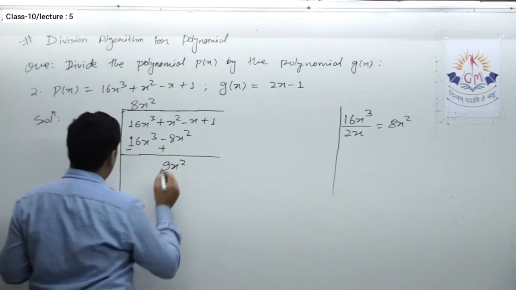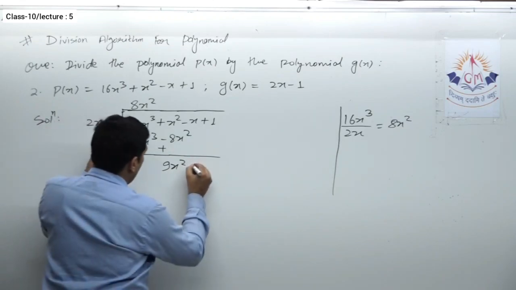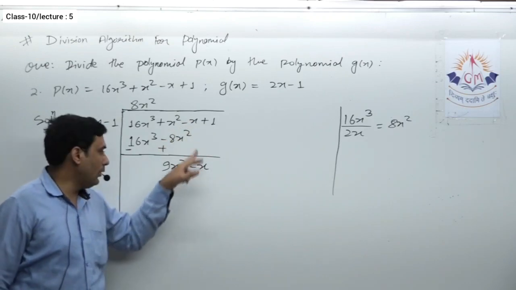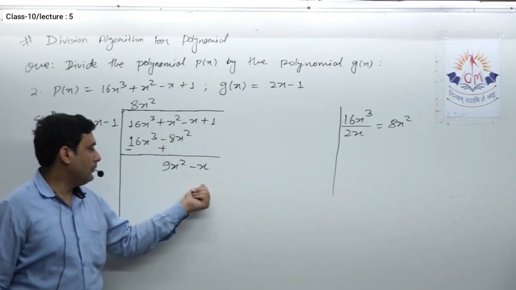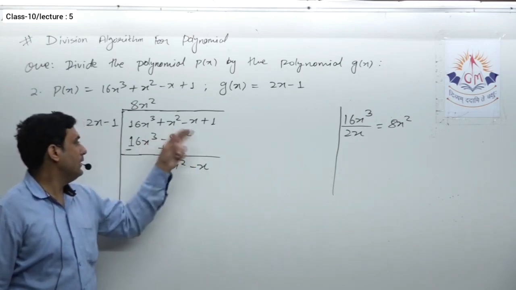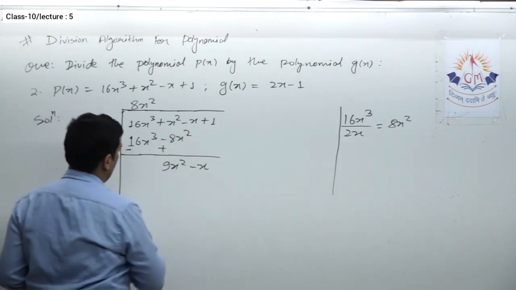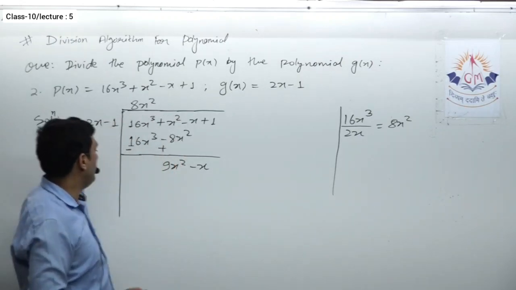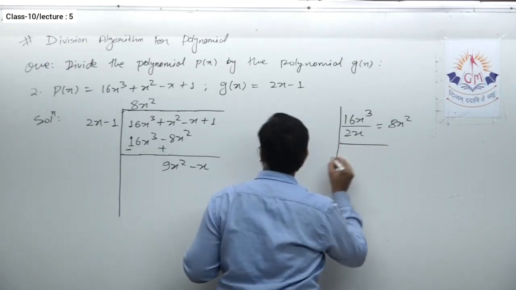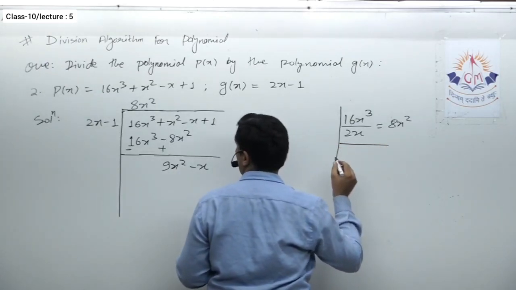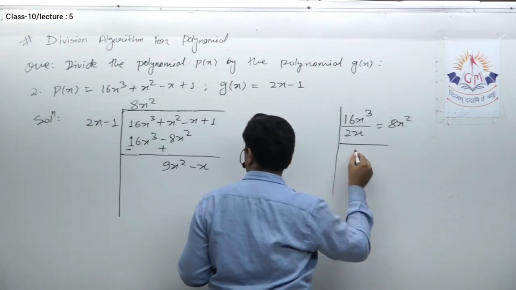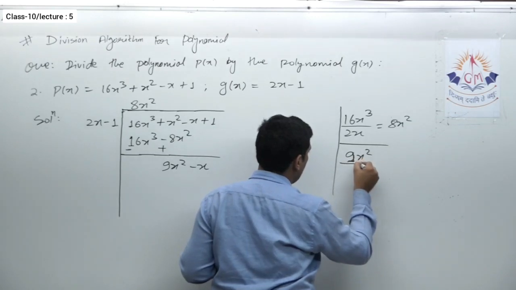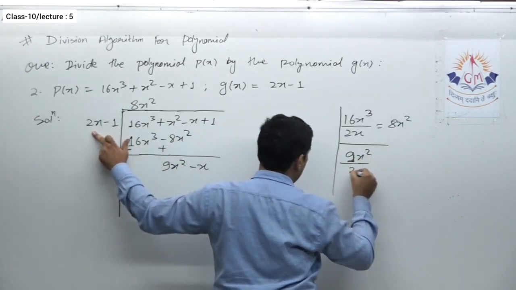Now as there are two terms in the divisor polynomial, I must have two terms in the dividend polynomial. For that I took down one term. One term was already there. I took one more term from the original dividend, so minus x. Now again I have to think, what should I multiply in 2x to get 9x square, or I will divide the first term of the dividend polynomial by the first term of the divisor.